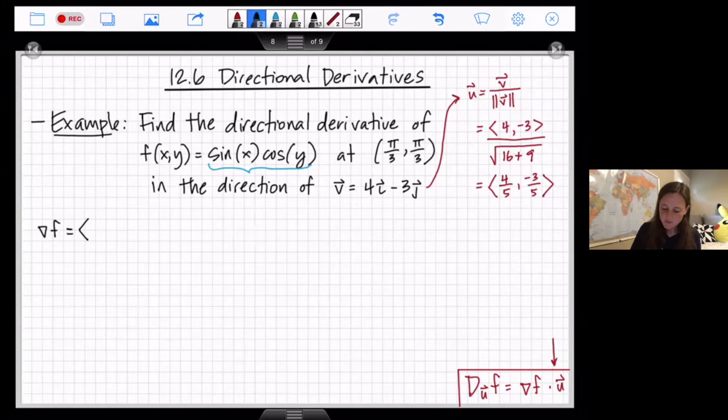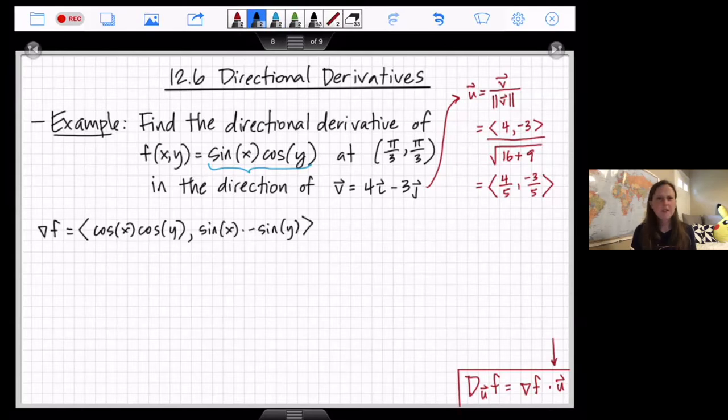So I take the derivative of sine x, which is cosine x. But the cosine y was just a constant, so we're just going to leave that as cosine y. All right, gradient in the second component, we take the derivative with respect to y. So back up to my blue bracket. Now the sine x is the constant, and the derivative of cosine is negative sine. So we're going to have times negative sine y.